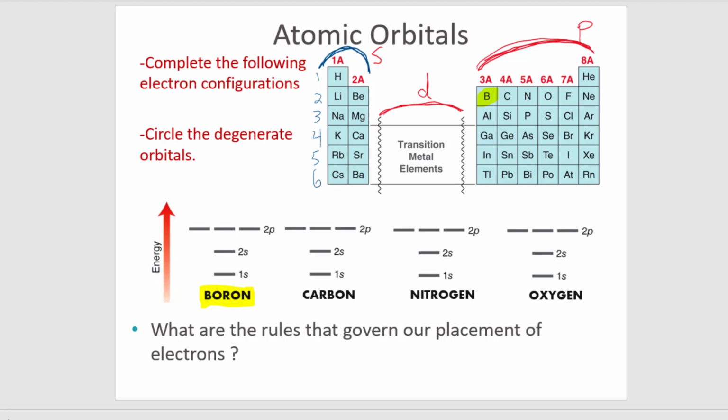I'm not going to discuss D orbitals, okay? I'm interested in S orbitals and P orbitals. So when I'm talking about the electron configuration for boron, we start with the 1, and we're in the S block, right? We've got 1s1, 1s2. Am I at boron yet? Nope. But I have filled the S block for shell 1.